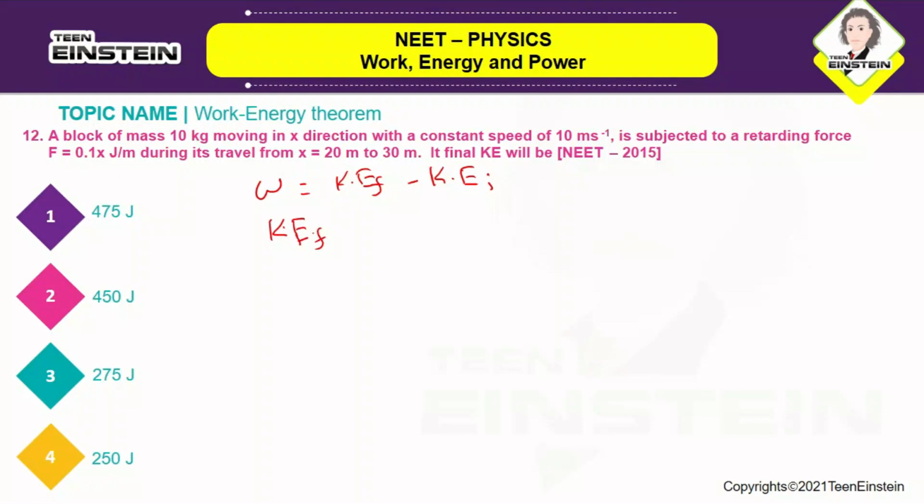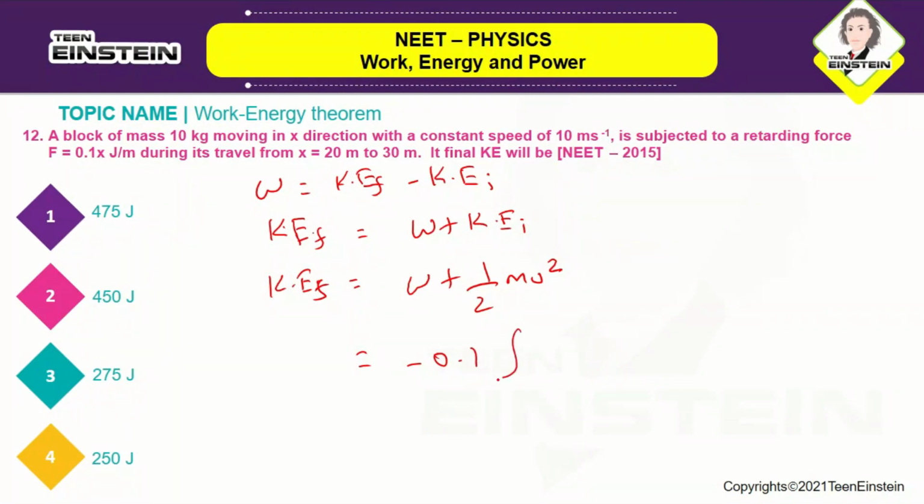You know, work equals the final kinetic energy minus the initial kinetic energy. Here you want to find the final kinetic energy, so you can take this to this side: kinetic energy final is equal to W plus half m u square. So this will become minus integral of 0.1 x dx from 20 to 30, because that is the distance, plus half into m u square.